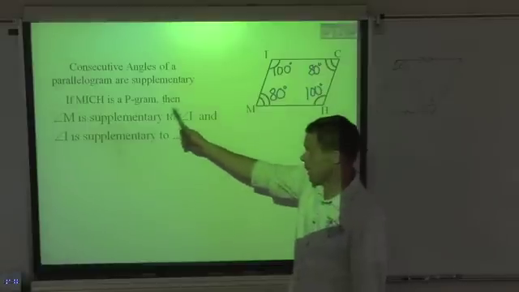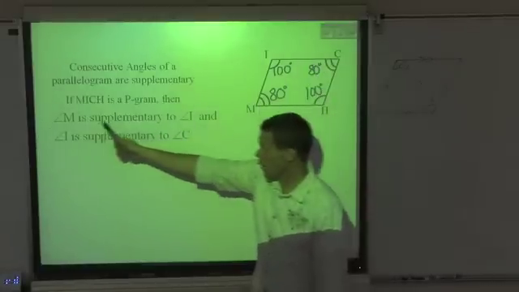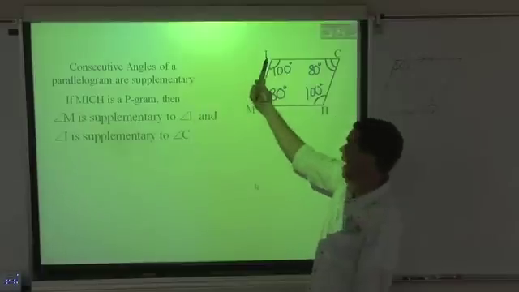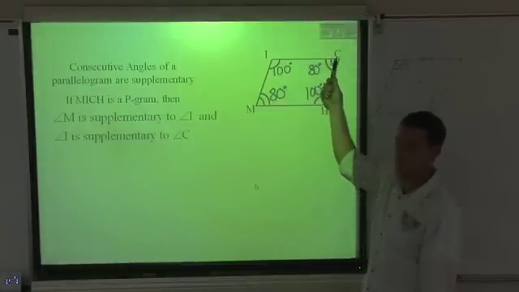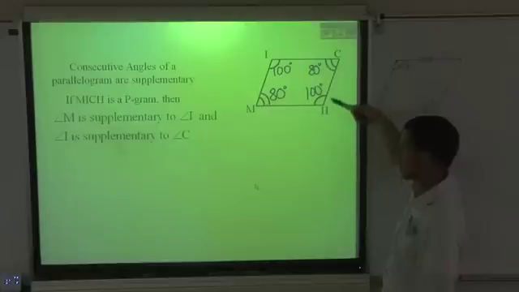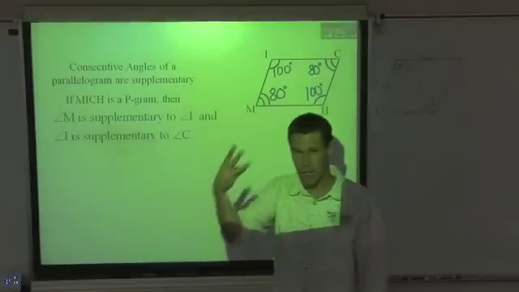So, if MICH again is a parallelogram, we can conclude M is supplementary to I, and then I is supplementary to C, and C is supplementary to H, and H is supplementary to M. Property number 3.